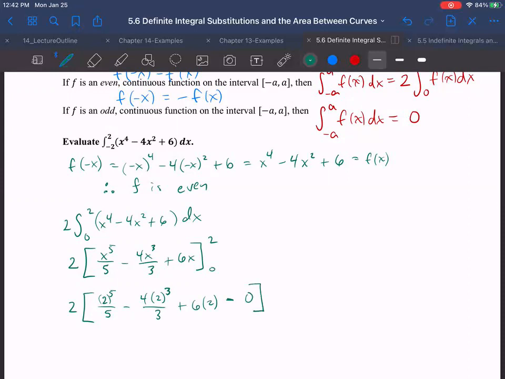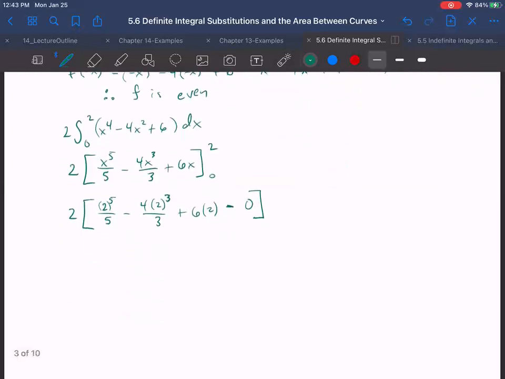Because 0 to the 5th, 0 to the 3rd, and then just 0. Every term is going to be 0, right? So it's minus 0, minus 0, minus 0. Okay? So that whole thing is 0. And then you just have to go through and do this.